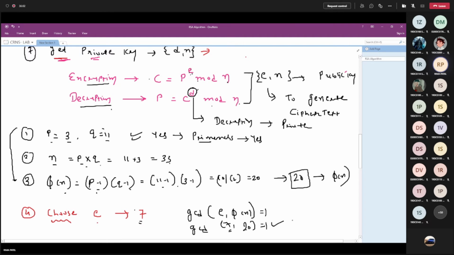Getting it? Yes, ma'am. 1 is less than E is less than the Euler totient function. So 1 is less than 7 is less than 20. This condition is also true, so yes, I can choose E equal to 7.